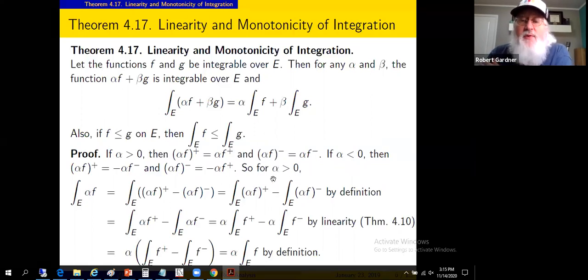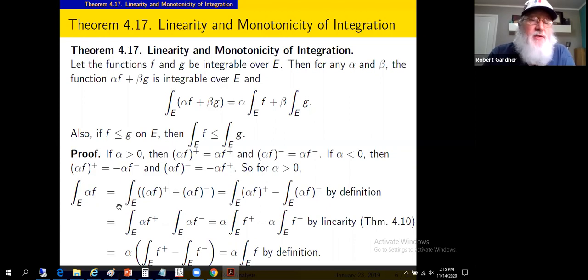Okay, for alpha greater than 0, alpha f, being itself an integrable function over set E, is by definition the positive part of alpha f minus the negative part of alpha f. The integral of such a function is, by definition, the difference of the positive part and negative part integrals, I should say.